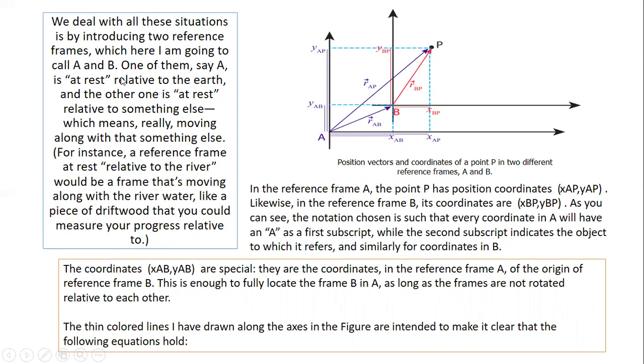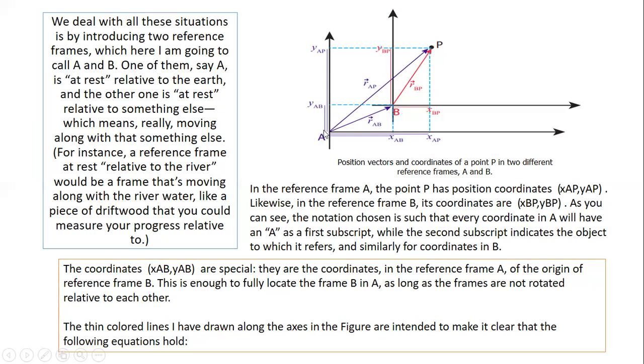Say A is at rest relative to the earth, and the other one is at rest relative to something else, which means really moving along with that something else. That means A is at rest relative to the earth, while B is actually moving but is at rest relative to something else.